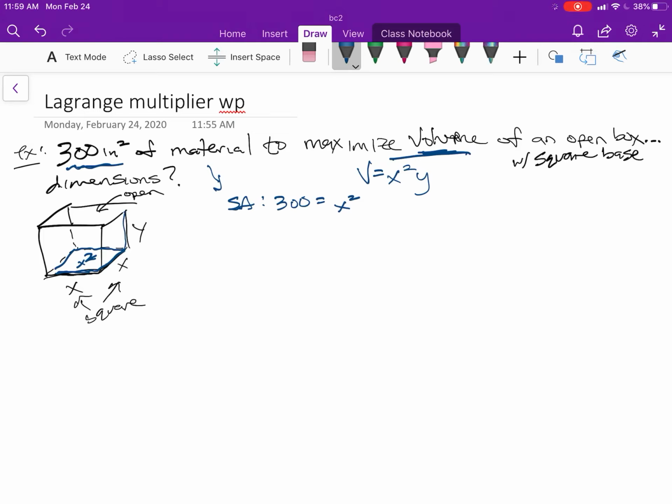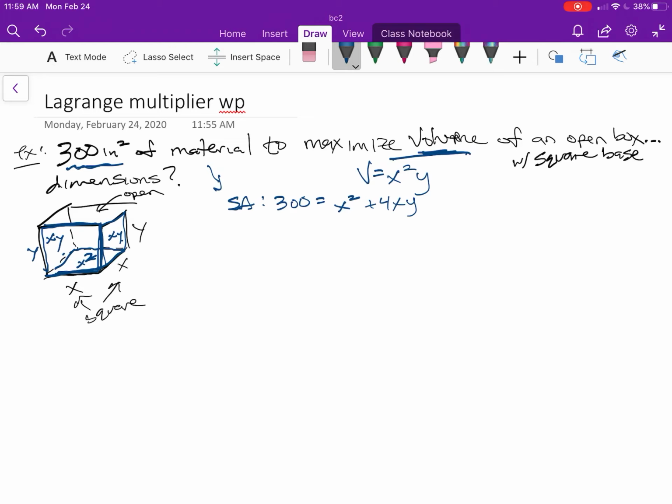Each of the sides, though, we have x times y, in inches squared. So the left and the right are xy, but also the front and the back are also xy. If we look at the front square, for instance, we have a length of x and a height of y. x times y is also xy. So we have 4 of those. All 4 sides are the same, xy.